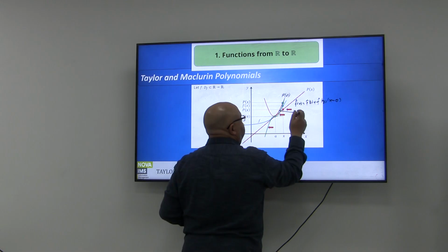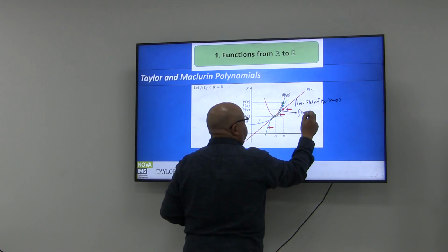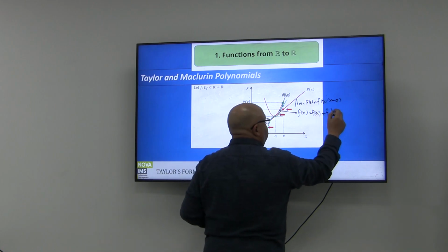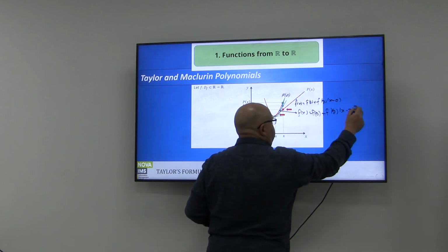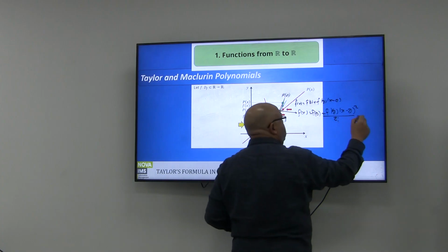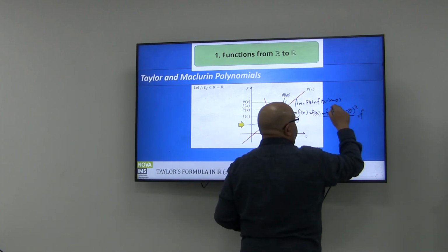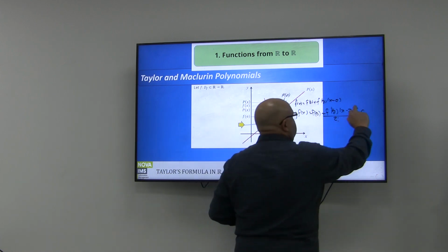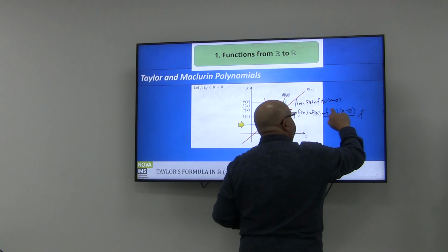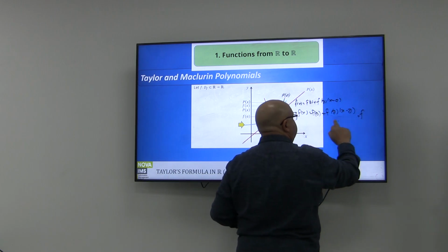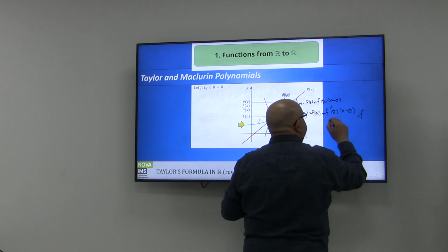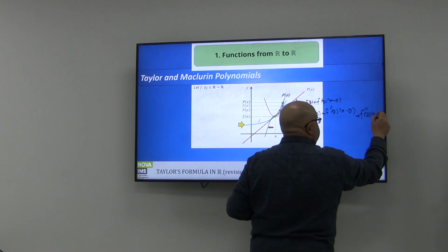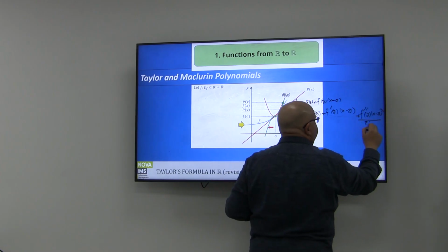For the second term, if you are approximating to the second term, it's going to be f dash a times x minus a, plus f double dash at a times x minus a to the power of 2 divided by factorial 2.